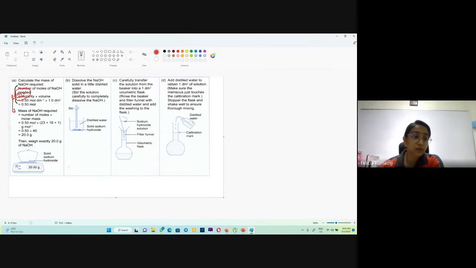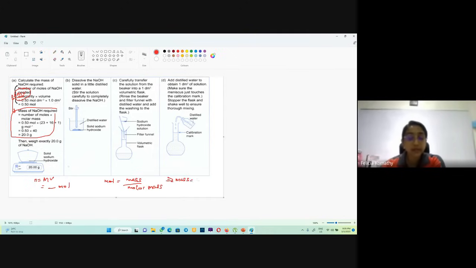Use the number of moles, then do the calculation for mass. So for mass, first you use n equals MV, so you get the number of moles already. Then use the formula mole equals mass divided by molar mass. These are the two formulas you have to use for your calculation, remember. From this, you can calculate the mass.